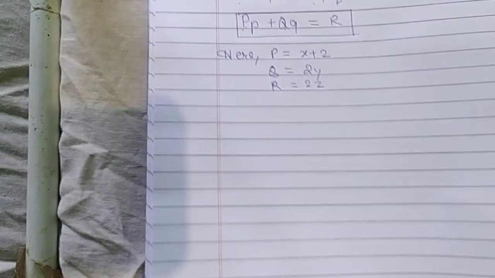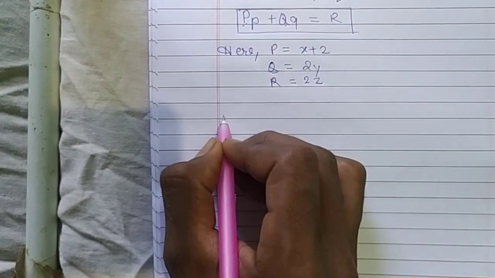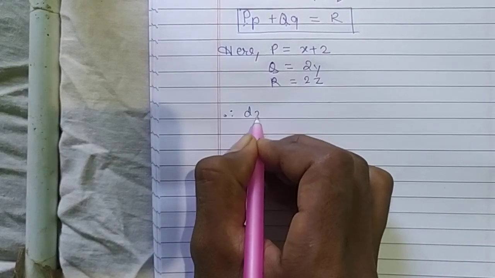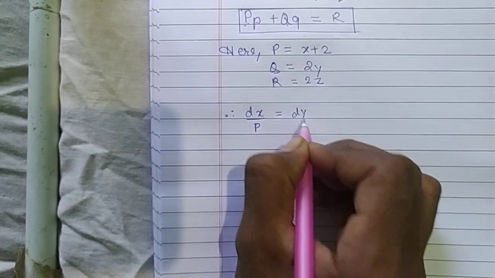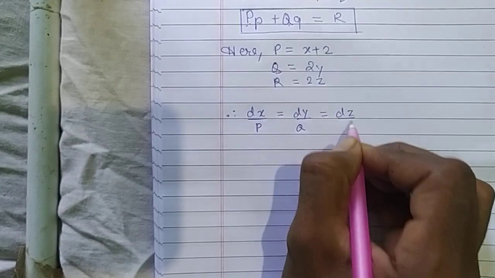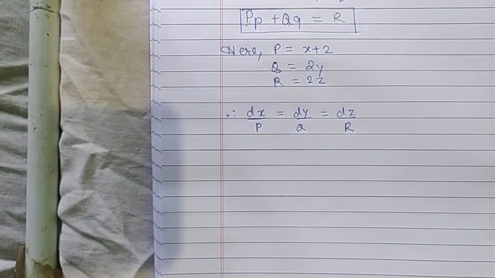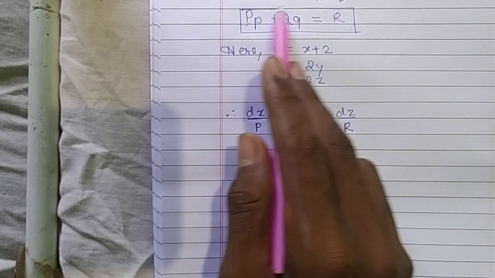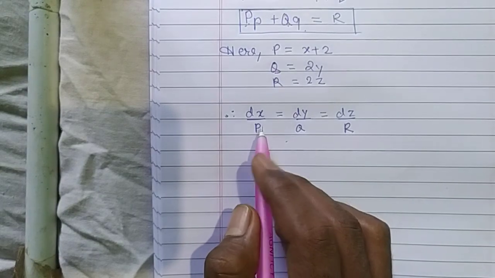Now, the Lagrange method says that dx by capital P is equal to dy by capital Q is equal to dz by capital R, right? In this way, the Lagrange equations can be written. After resolving this standard form, you have to go through this step.